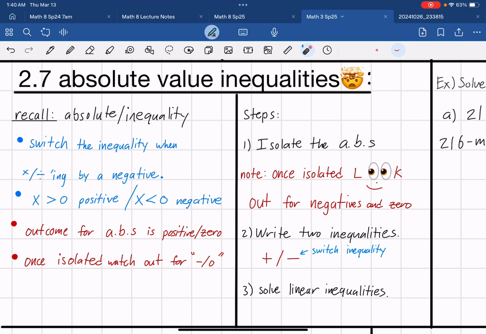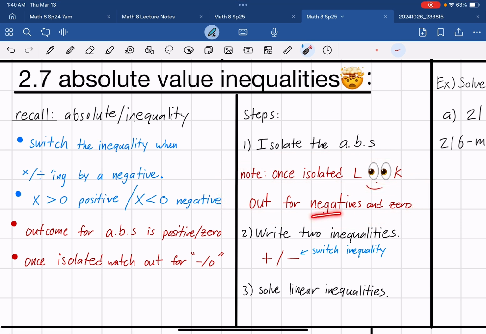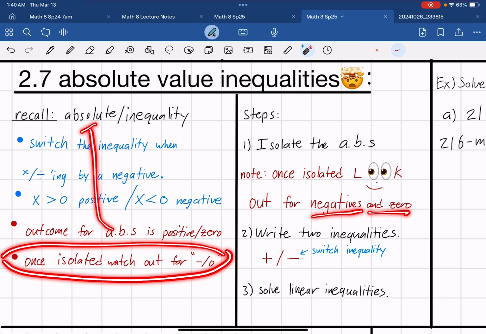And we're going to be using all those ideas for absolute value inequalities. So here are some steps that we can follow. Borrowing from absolute value equations, you want to make sure you isolate the absolute value. And once isolated, look out for negatives and 0, the same thing we did for absolute value equations.